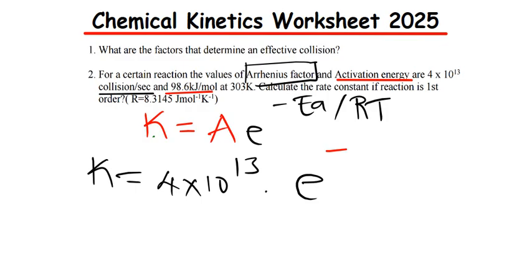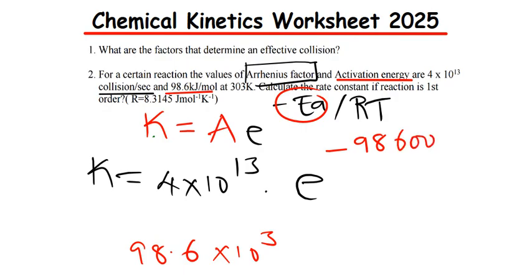If there's a negative in the formula, so negative 98.6. Now that kilojoules that you are seeing, we can expand it so that we don't have the kilo. So by expanding, the 98.6 is supposed to be multiplied by 10^3, which would give us 98,600 joules per mole, and then divided by the gas constant.